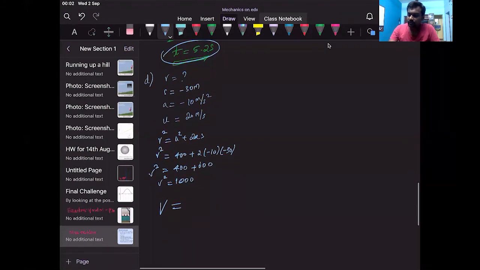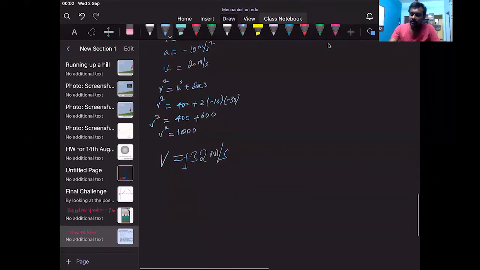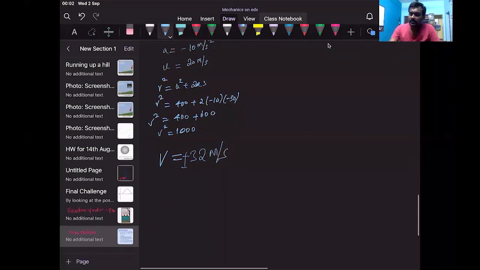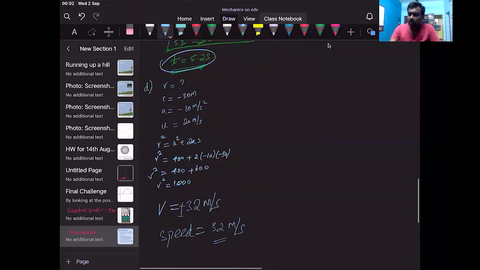Square root of 1000 approximates to 32 meter per second, so minus 32 meter per second. But since the question is asking only for speed, we can safely ignore the sign, and the answer can be written as 32 meter per second.